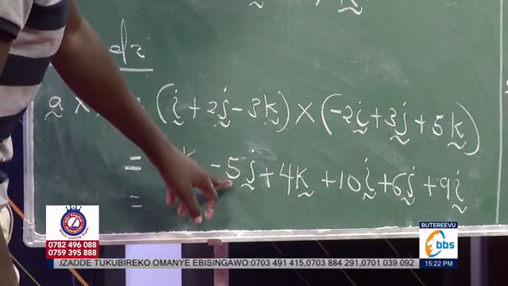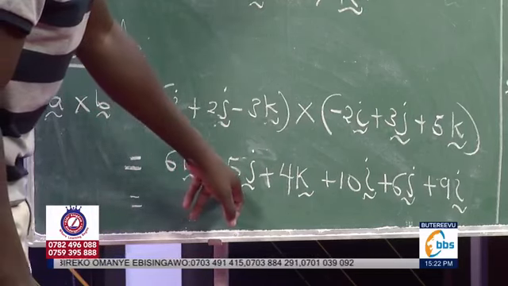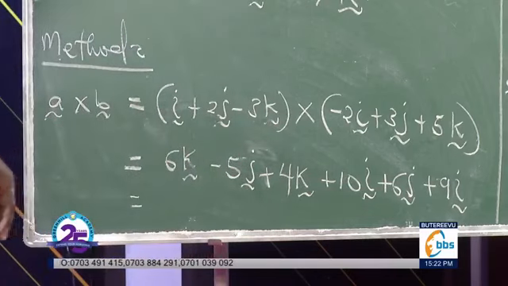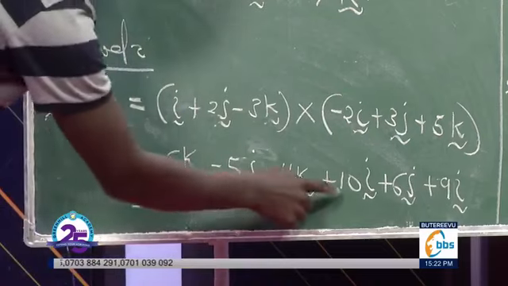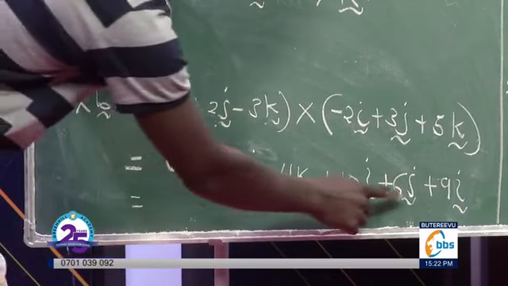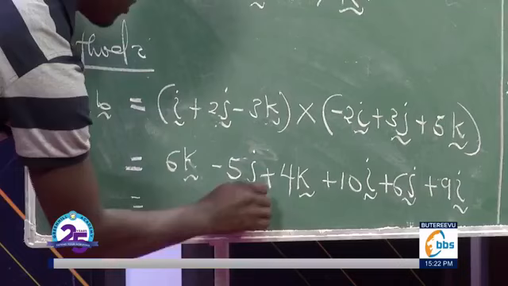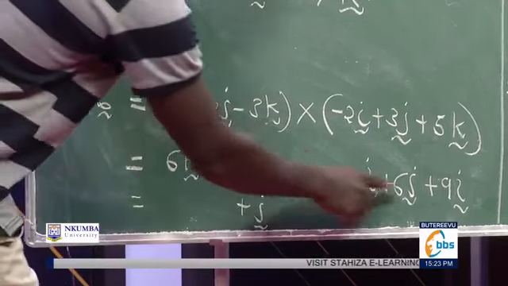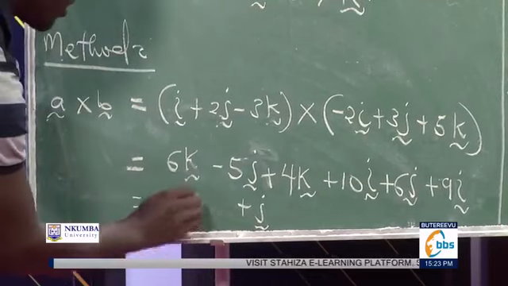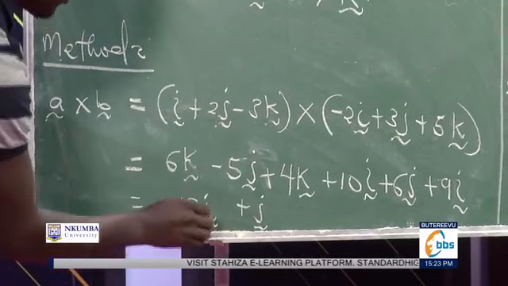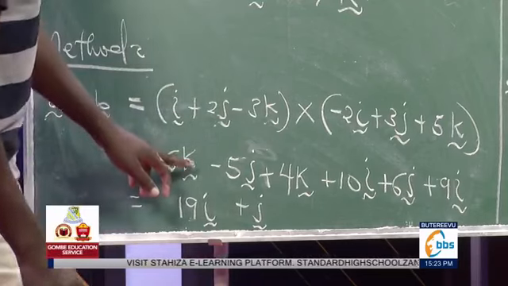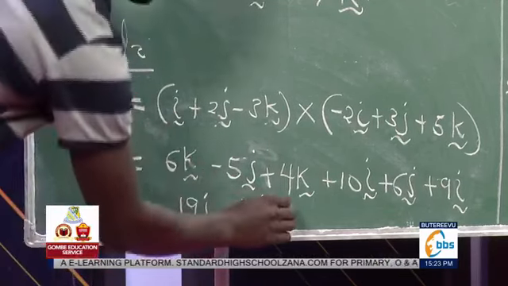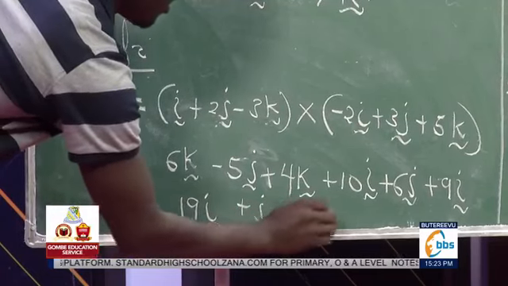The J's, I have negative 5 and the plus 6. So the J's have come out. Already the J's we have negative 5 and then 6, that is plus J. And then the I's we have 10 plus 9. Those are the 19 I's. And then the K's, they are not coming out nicely the way I want them. I'm having 6 plus 4, which is plus 10, plus 10K.